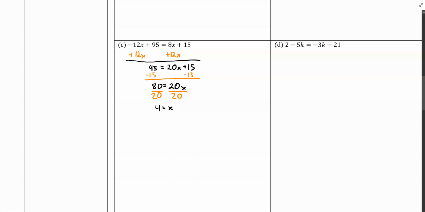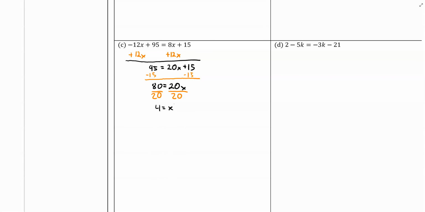So again, notice that between negative 12x on the left-hand side and positive 8x on the right-hand side, negative 12x is the smaller x, and so that's the one that we kill off. As it turns out, if you don't do it in this exact order, it is still possible for you to get the right answer, but when you don't kill off the smaller x, you're going to run into more negative signs, which typically means that you're more likely to make a mistake.